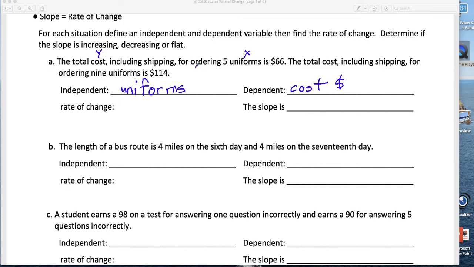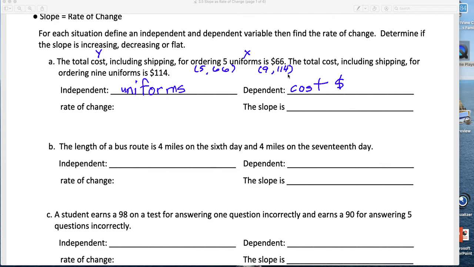So if uniforms are X, then one of my points is 5, and here's the Y that goes with 5 uniforms at 66. And my other point is going to be 9 uniforms for $114. Now I've got 2 points.